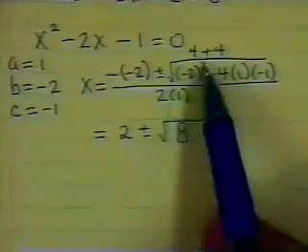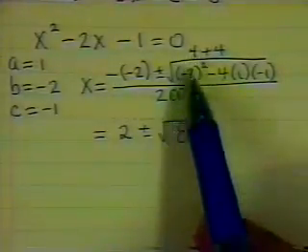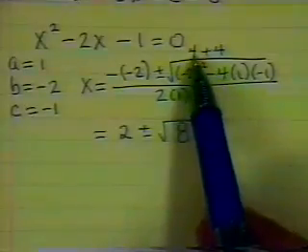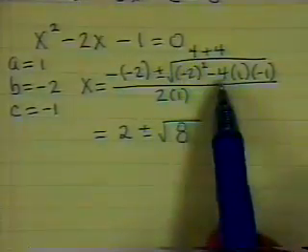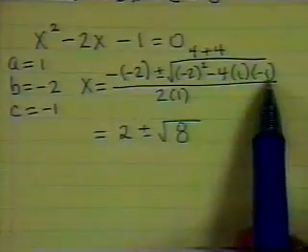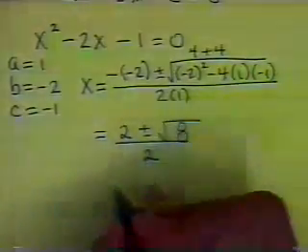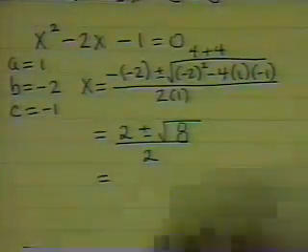By the way, because this is a b squared term here, this number will always be positive. No matter what you square, anything squared is always positive. And here, don't forget, it's negative 4 times 1 times negative 1. Okay? All of that over 2 times 1. Looks like we can clean it up a little bit.